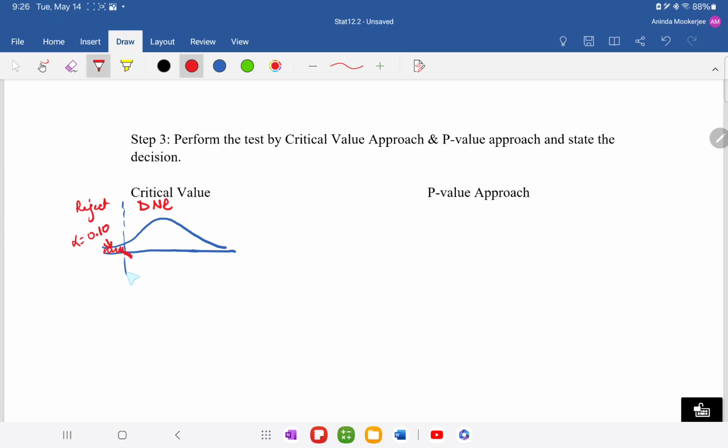The critical value, the CV, the cutoff point between the reject and the do not reject region, is going to be negative z of 0.10. When we look up our table or use a graphing calculator, we come up with a z score of negative 1.281. You can look up the special z table, which should be located below the t table.